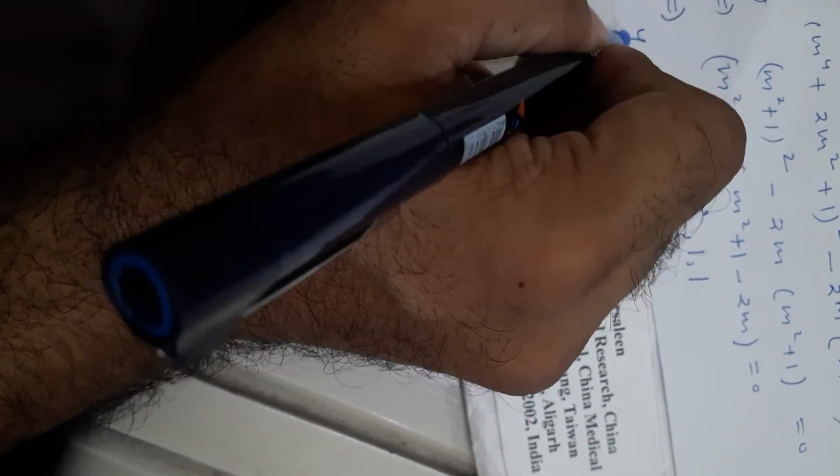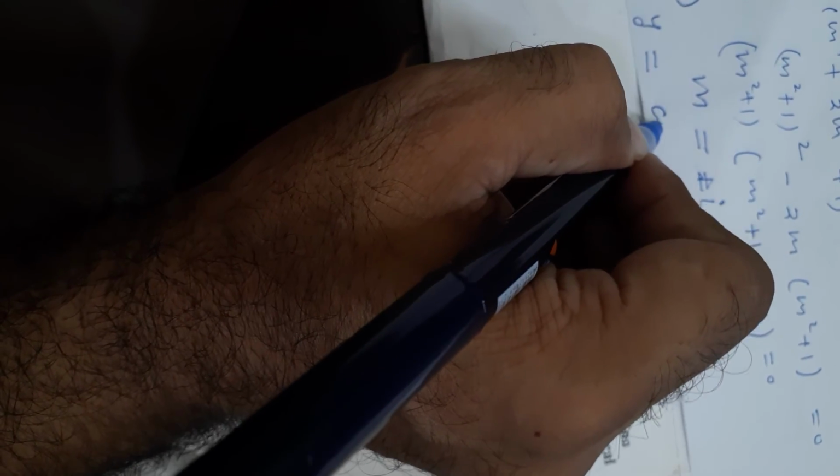Therefore the solution: y = e^(0x)(c1 cos x + c2 sin x). Here we have ±i, alpha is 0 and beta is 1. So the solution is c1 cos x + c2 sin x.